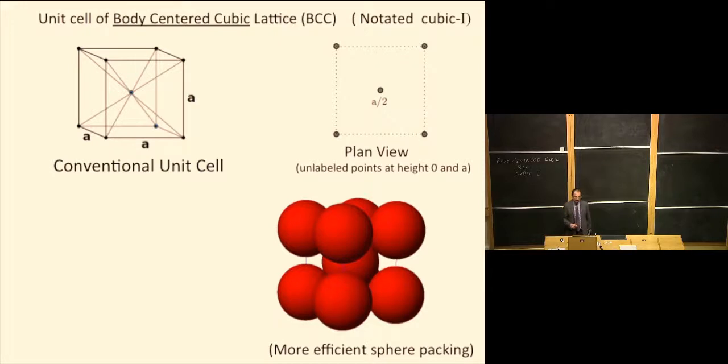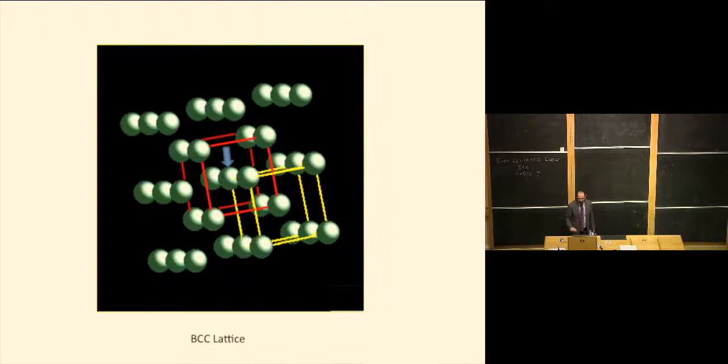It may not be obvious to you that every point in this lattice is equivalent to each other. That's one of our definitions of a lattice, that every lattice point should have the same environment. So we'll look at this picture here. We'll notice this sphere here is obviously in the center of the yellow outline cube, but if we take one of the corners of the yellow outline cube, like that one, it is also in the center of another cube.